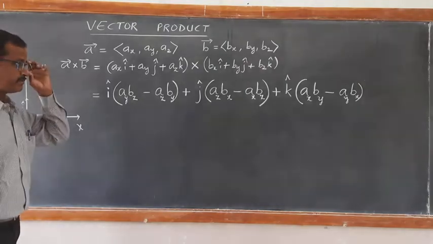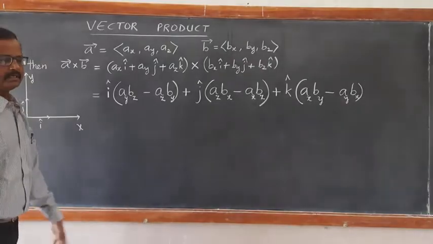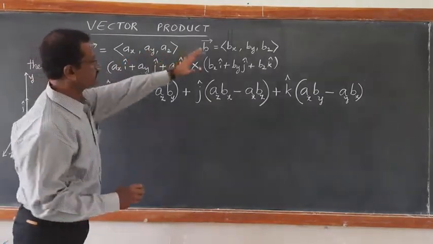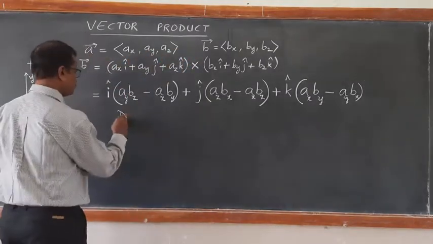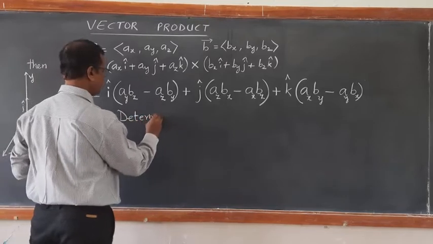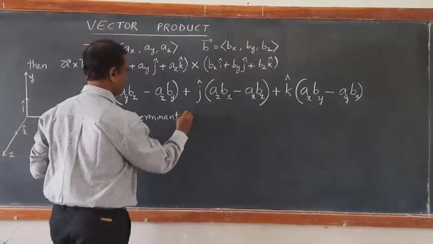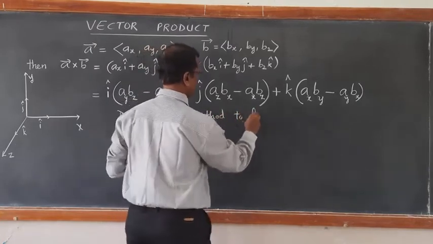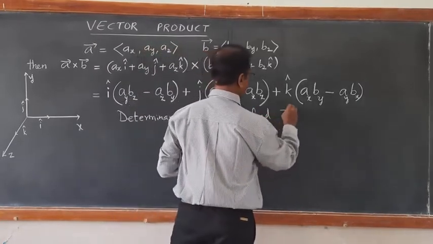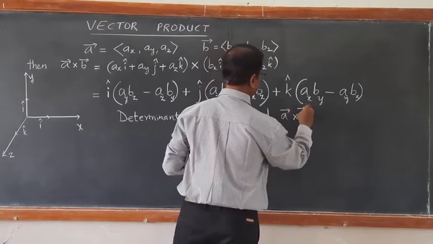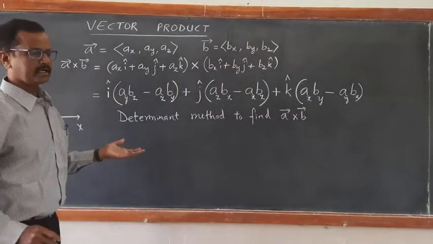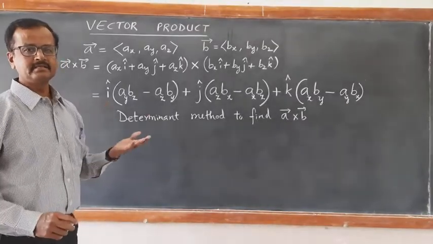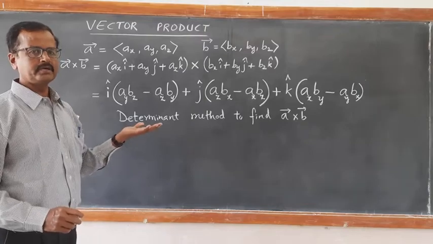There is another way of remembering, a still easier method. It is called the determinant method. So we are writing these components in the form of a determinant to find vector A cross B. Matrices and determinants you are going to learn in mathematics, I think in 11th standard, I don't know exactly.